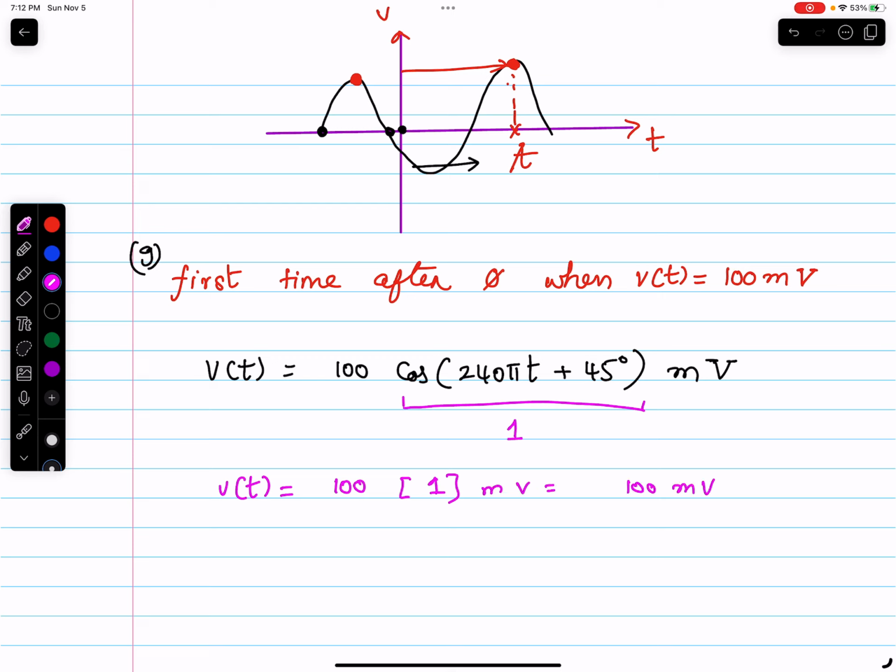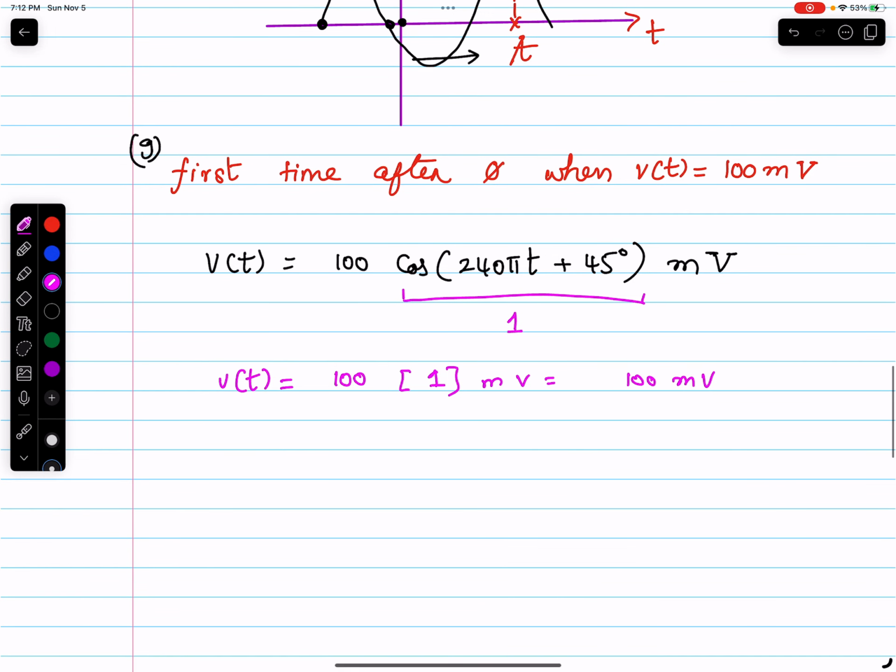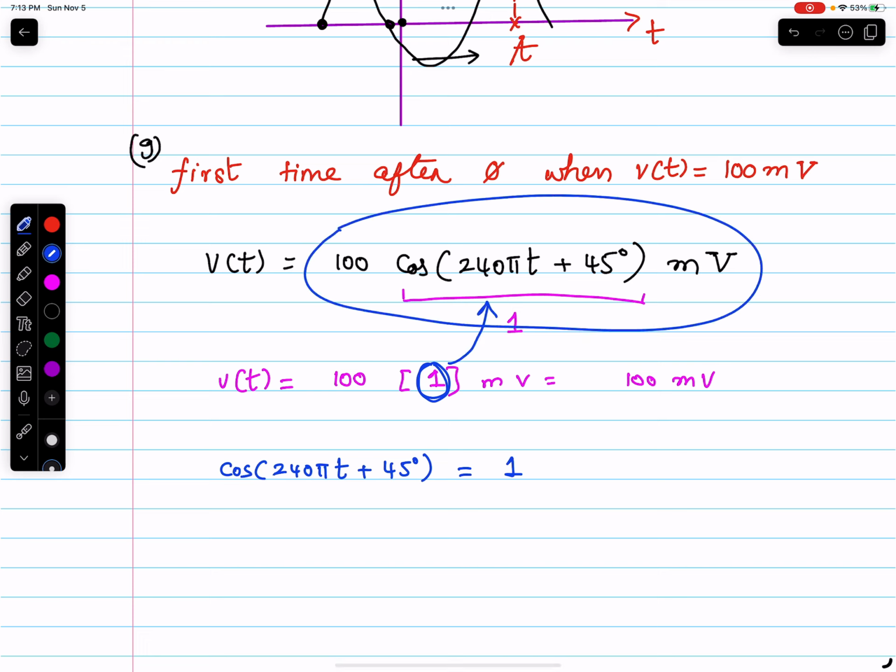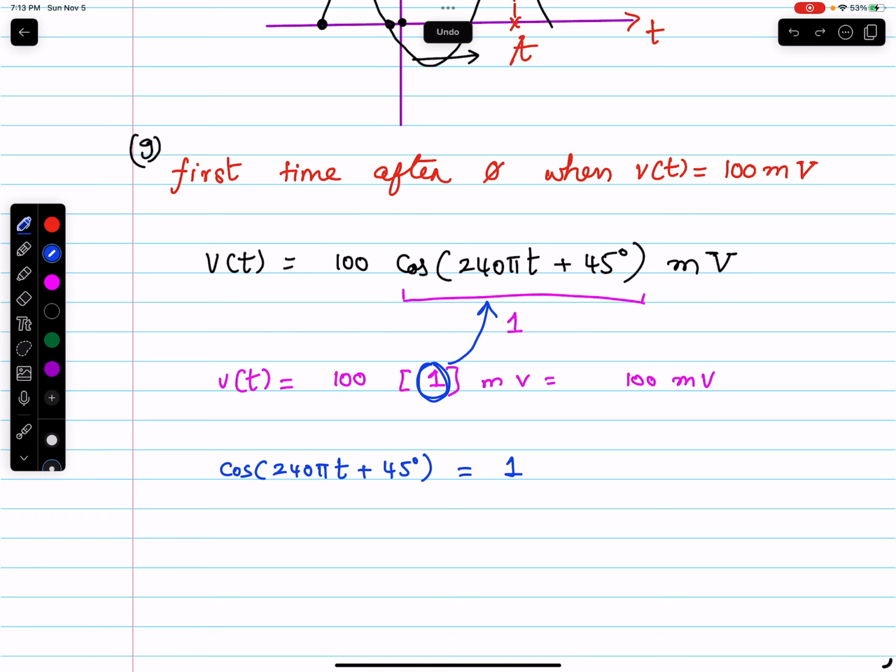So the trick here is to note that cosine of 240 pi t plus 45 degrees equals 1, because when this value is 1, then the entire v of t becomes 100 millivolts.